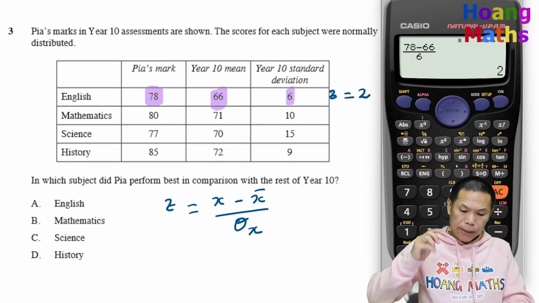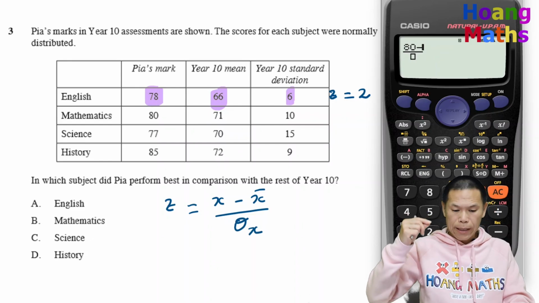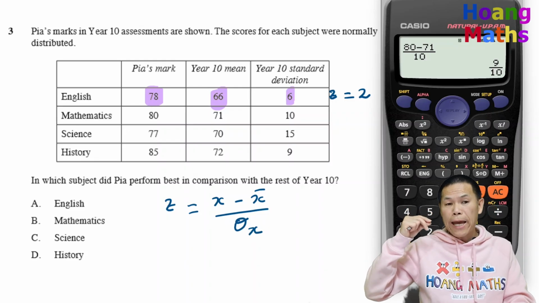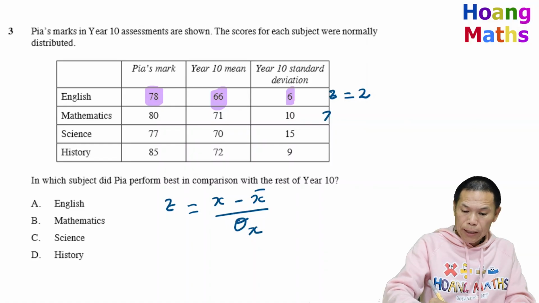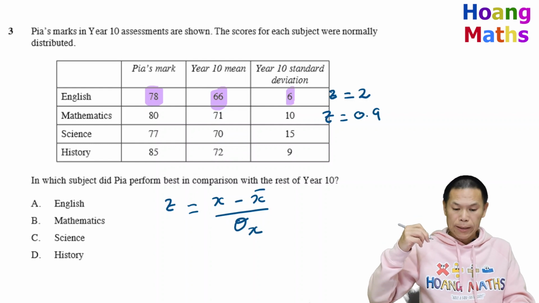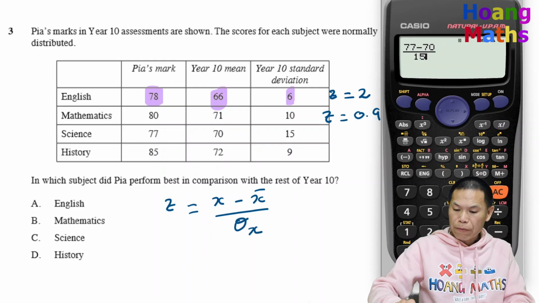Now for mathematics, X is 80. We minus the mean, that is 71, and then we divide by 10. So 9 over 10 is 0.9. So Z is 0.9. So far, English is the best. Now science: 77 minus the mean, that is 70, and we divide by 15.